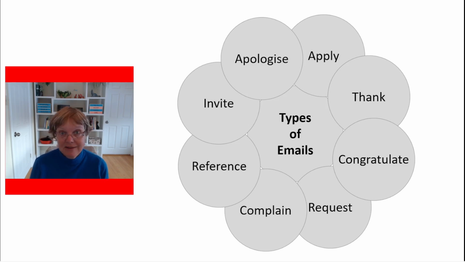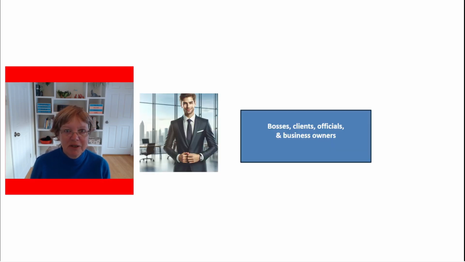It all depends. So when you think about your letter and who it is that's going to receive it, you need to be thinking about the box that they belong to. So one box is your bosses, your clients, your officials, like your passport officials or the people at the immigration who are looking at your residency permit.